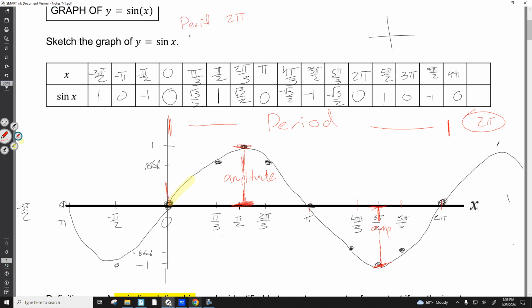The amplitude, how high it goes up and down, is 1. We have the middle of our graph, where we kind of reset. We're going to call that the midline. Here's the midline. It's at y equals 0.